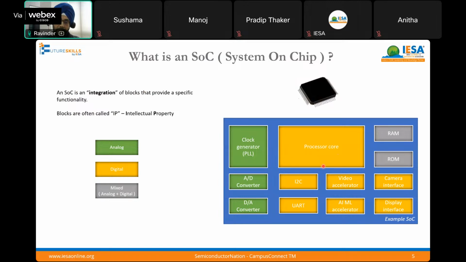Or on the lower side, an IoT node SoC would have just a few blocks, maybe less than 10. So it ranges from very simple to very complex, and everything in between.